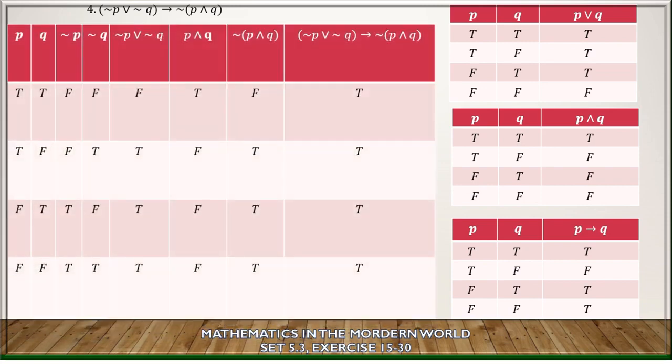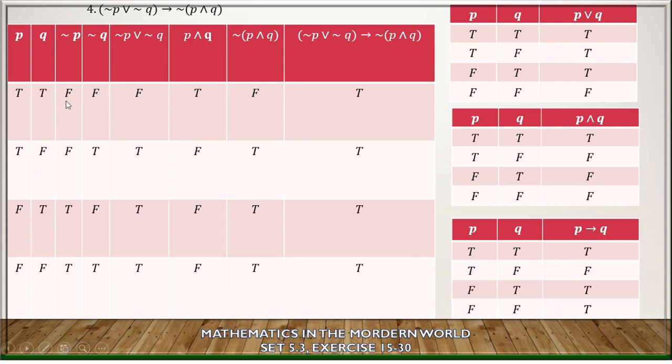So in this table, we have the values of P and Q, not P and not Q, the disjunction of not P and not Q, the conjunction of P and Q, the negation of the conjunction of P and Q, and the conditional of the disjunction of not P and not Q, then the negation of P and Q.